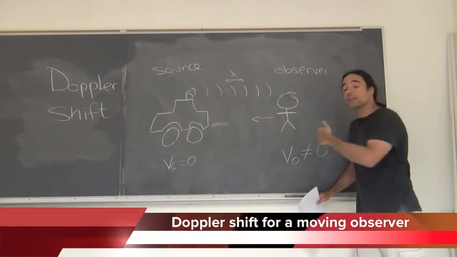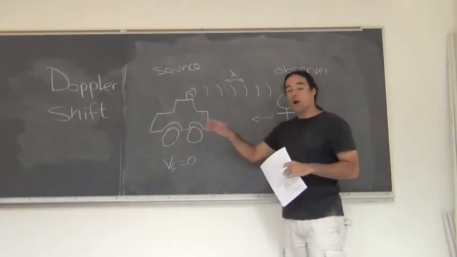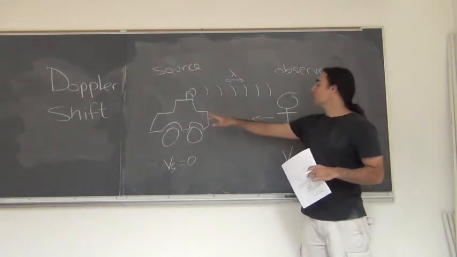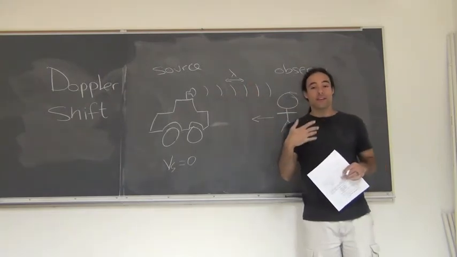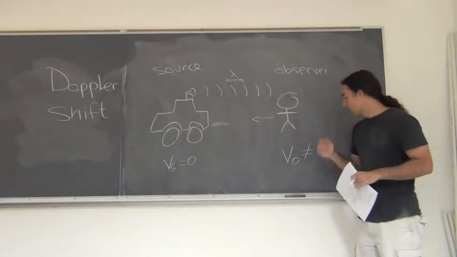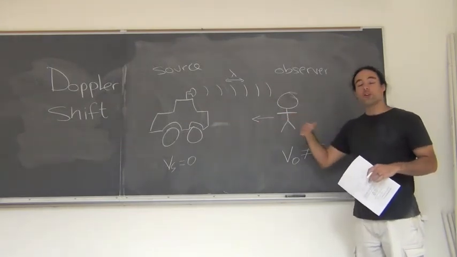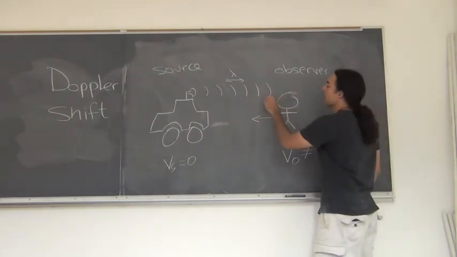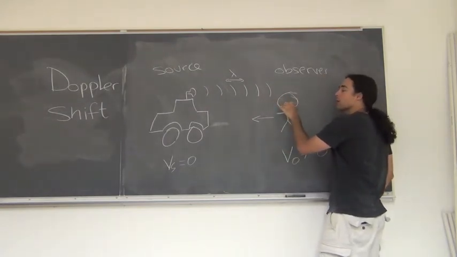Let's say you are moving towards the source of the sound. Well, the car is still completely stationary. It's emitting sound with the same wavelength that it did before. And if you're moving towards it, you're going to experience those peaks and waves even faster. So the first peak in the sound wave might hit you when you're here.